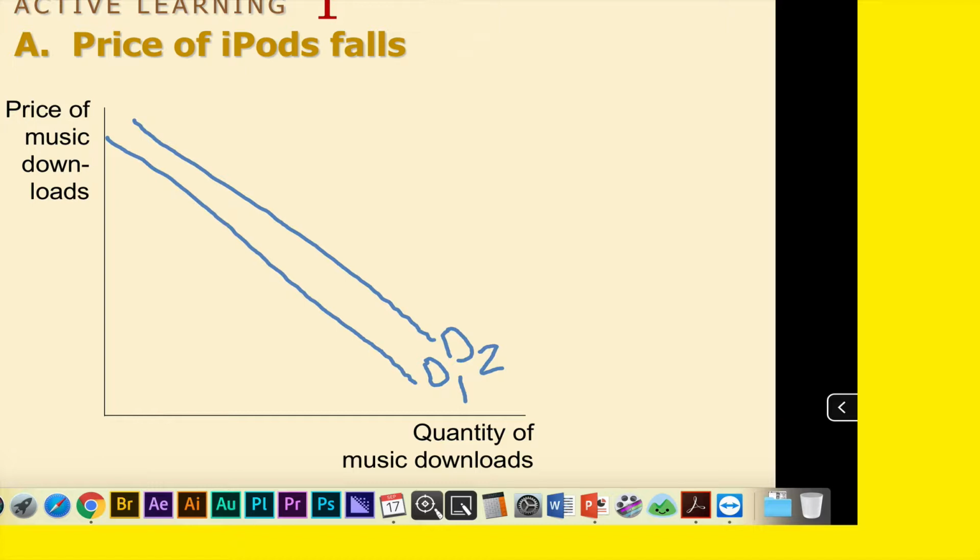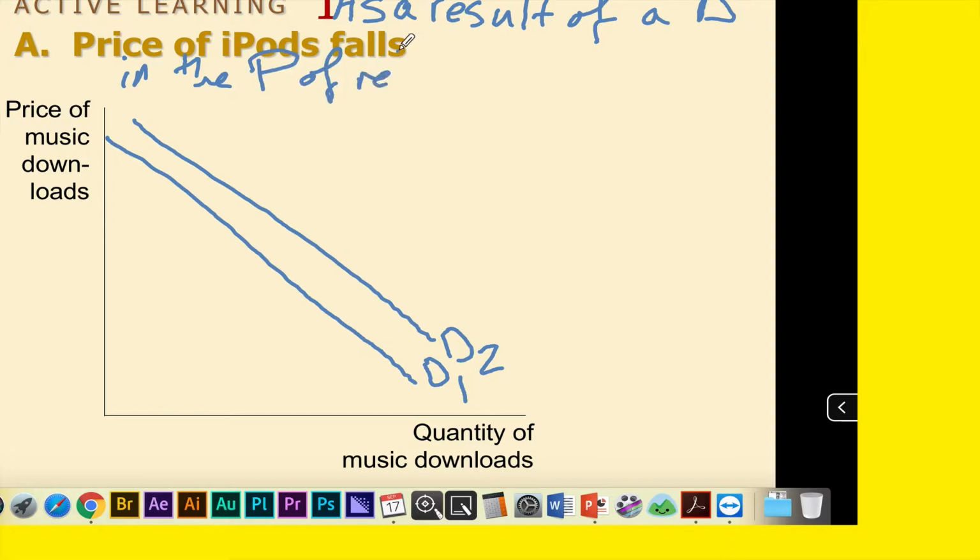So you start with, as a result of, and you're going to tell me the change. A change in the price of related goods.